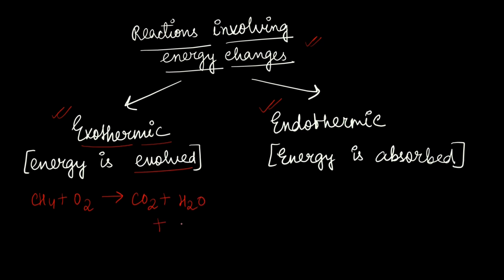So, in the process, heat energy is getting evolved. So, this is a type of exothermic reaction, or any kind of burning process like burning of cracker, burning of wood, anything. All these types of reaction are going to evolve a huge amount of heat energy, heat and light, everything. So, that will be exothermic reaction. Respiration is a good example of exothermic reaction.